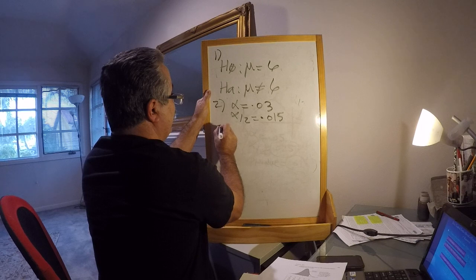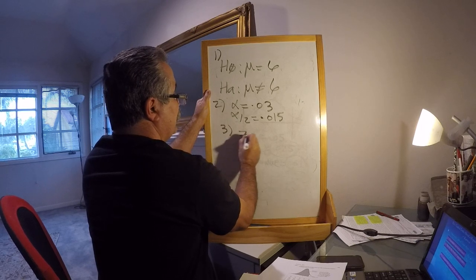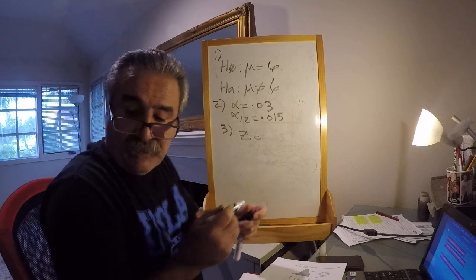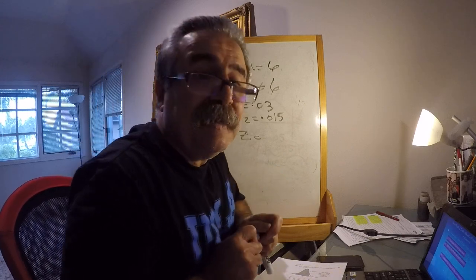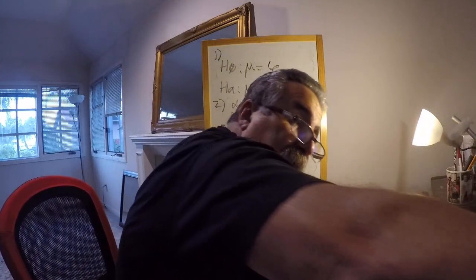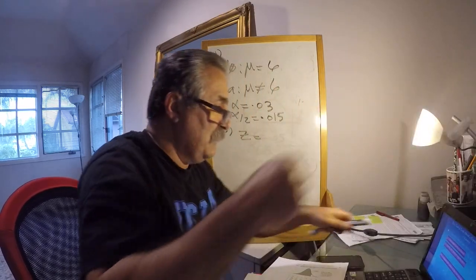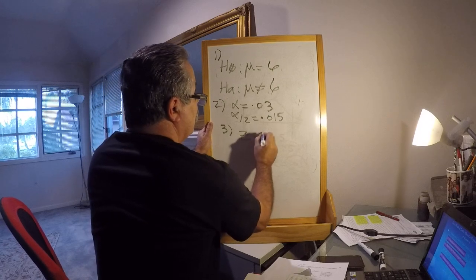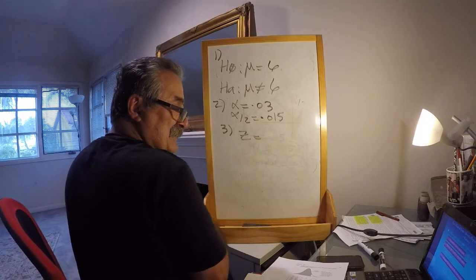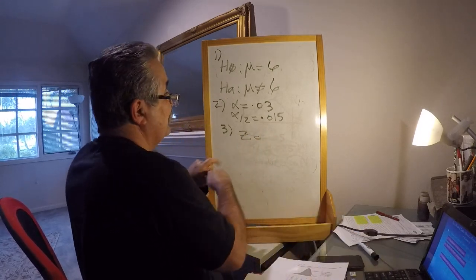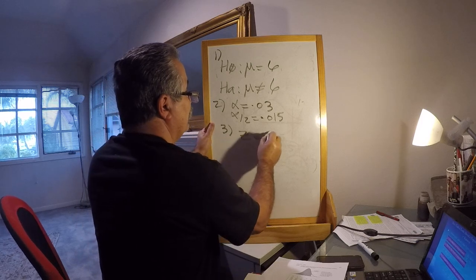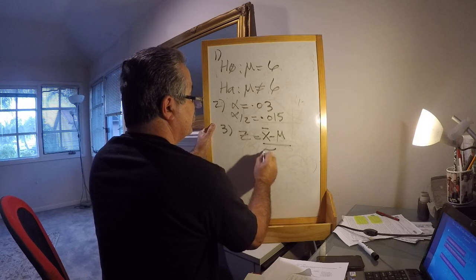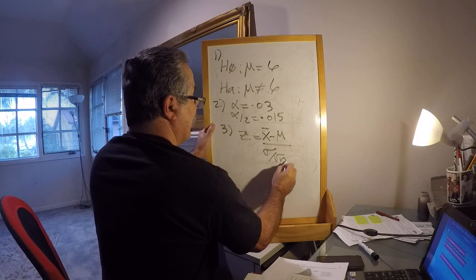Step number 3, go ahead and calculate the test statistic. Z is equal to x bar minus mu divided by sigma over square root of n.